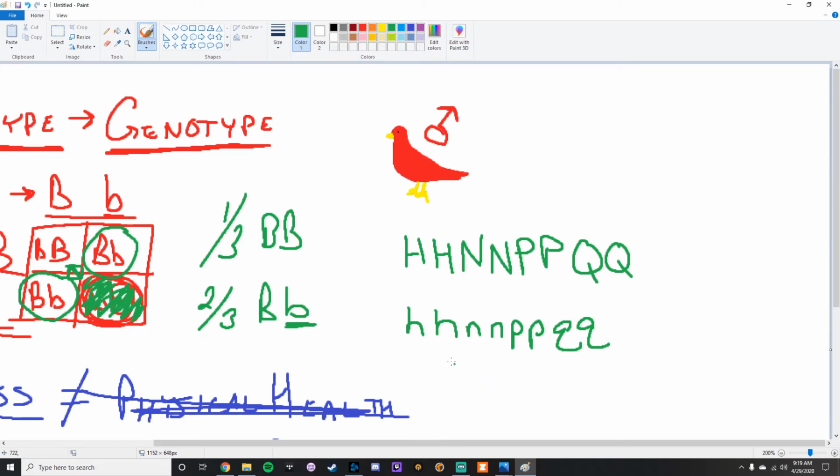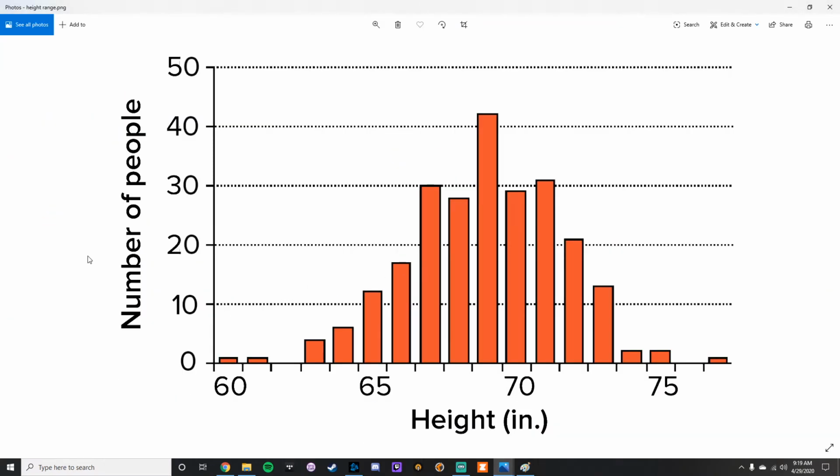That's as short as you can. So any sort of change in one letter would result in a change in height. So that is what's meant by polygenic, where there's multiple genes controlling a trait. And this is how we end up with this distribution, right?